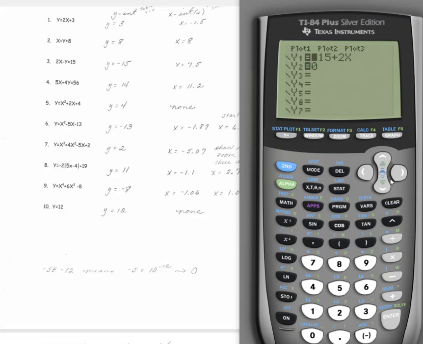All right, Y equals. Now for this one, we really had to do some work, and you had to subtract the 5x. So you had 56 minus 5x. Then you had to divide by 4. So you had 56 divided by 4, which should be 14.